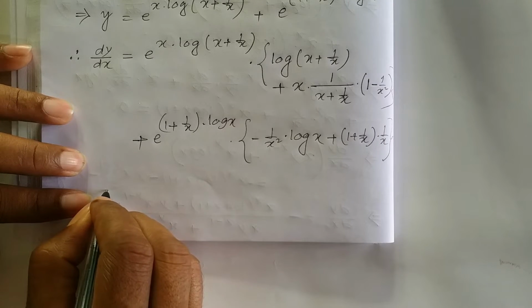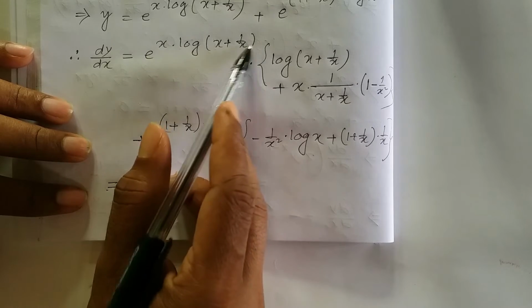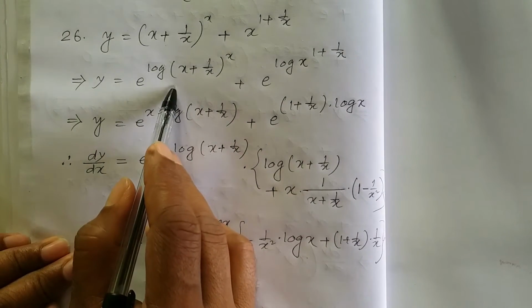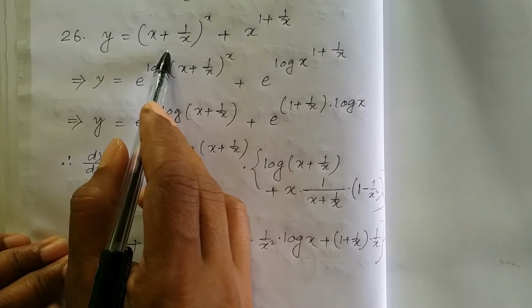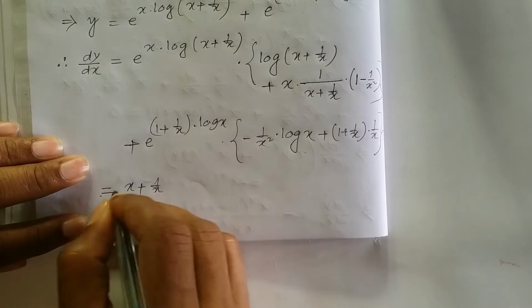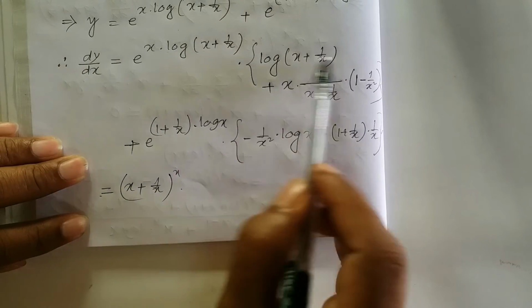It is equal to, you see, e to the power x into log of this. This term was actually this one and that term was actually this term, and it is actually x plus 1 by x whole to the power x. So we write x plus 1 by x whole to the power x into this term.